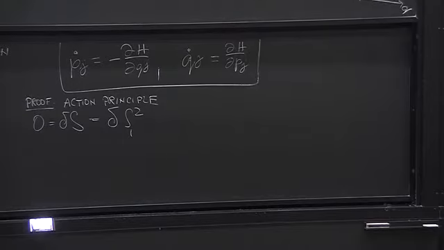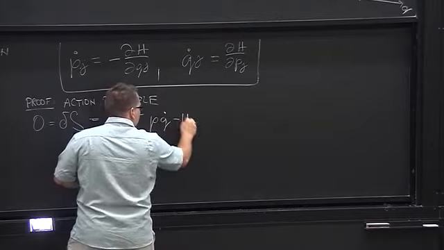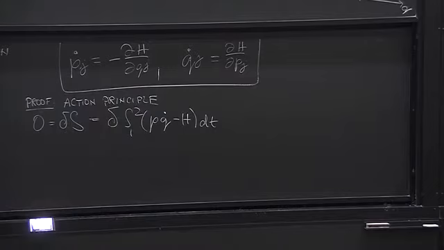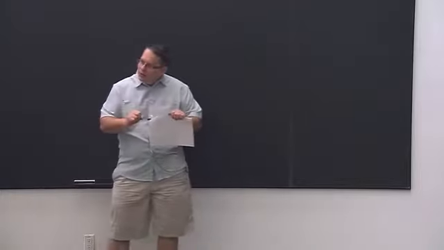Now I can write L as P Q dot minus H, so the action is the integral of (P Q dot minus H) dt. This is the same action, but now written in terms of different variables. What is different is that you treat P's and Q's as independent variables, so you'll be varying P's independently of Q's.